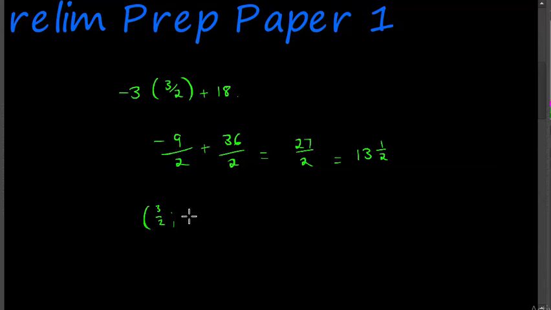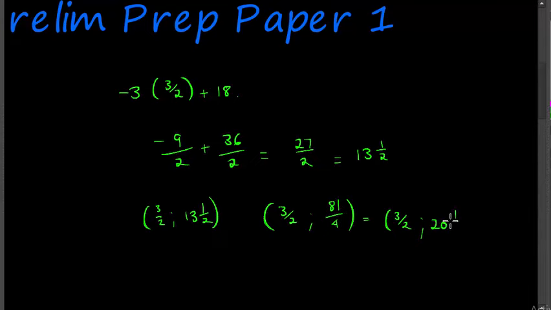3/2 and 13 and a half. The other one, the turning point, that's E, is 3 over 2 and 81 over 4. 4 goes into 81 20 times.